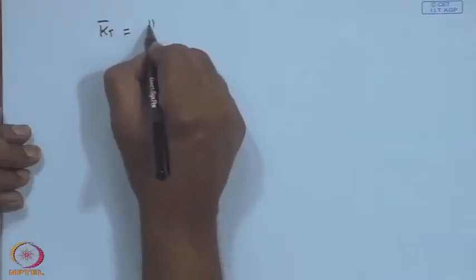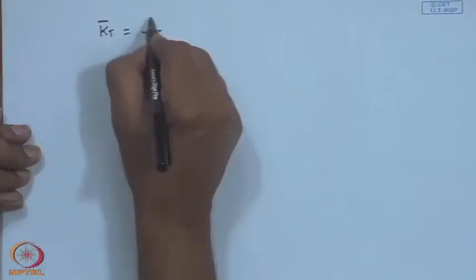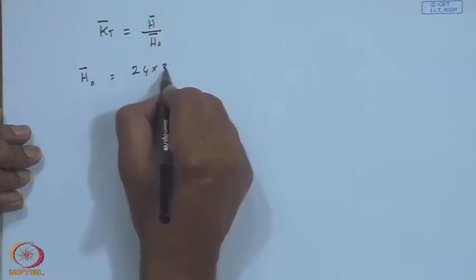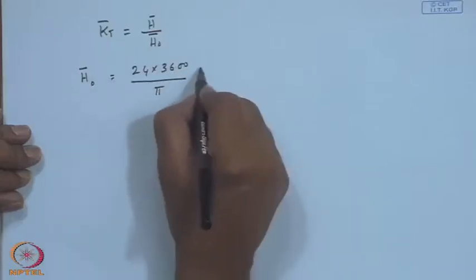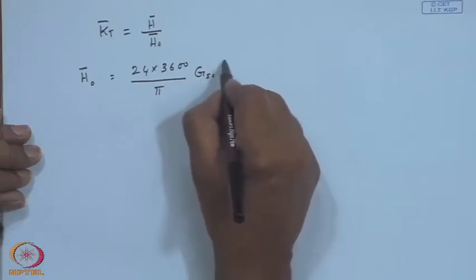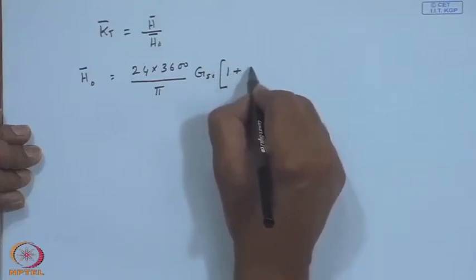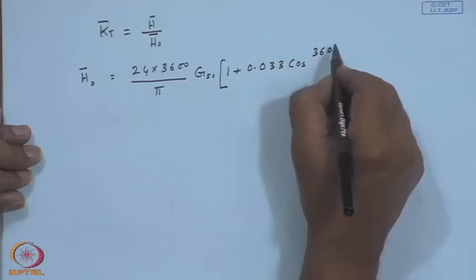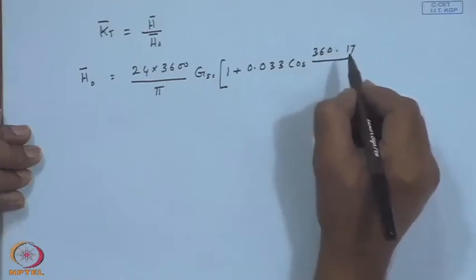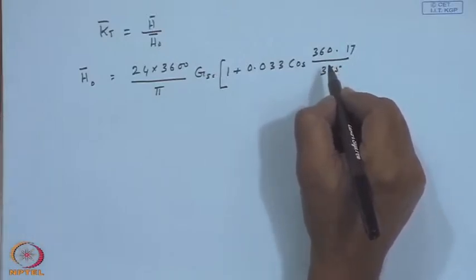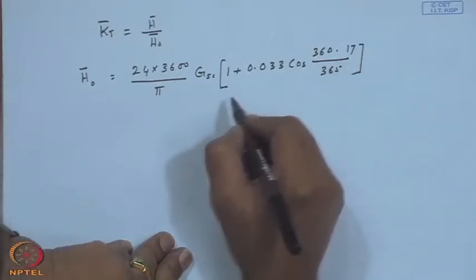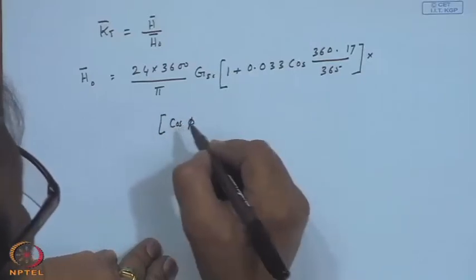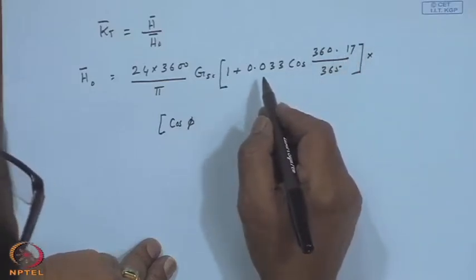Kt bar is h by h 0 bar, h bar is known to us, 6.99, h 0 bar is 24 times 3600 by pi GSE times 1 plus 0.033 cos 360 times n, n is 17 by 365, multiplied by cos phi. This is 284 minus 344.